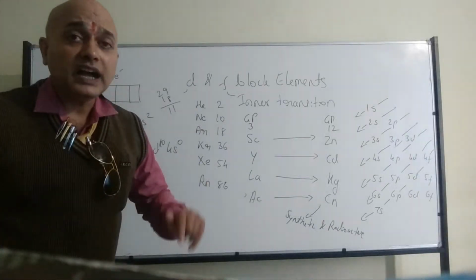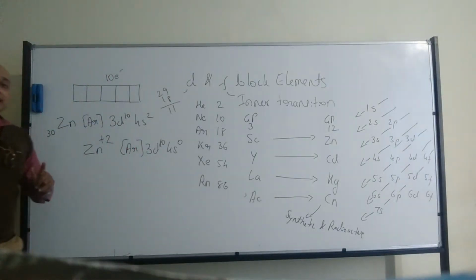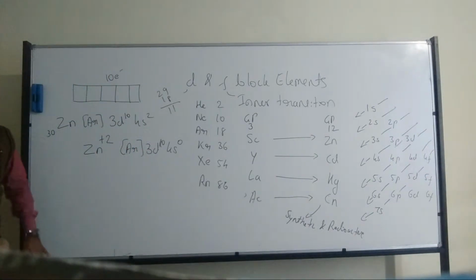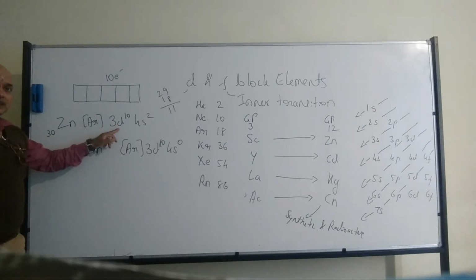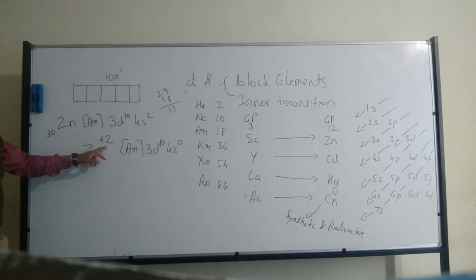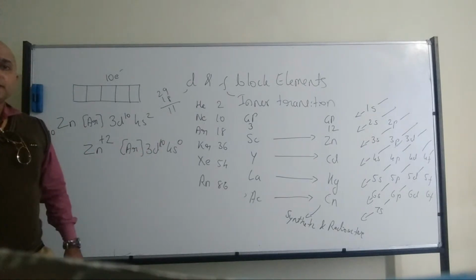In one of the ionic forms, that is the cupric form, Cu plus 2, there was an incompletely filled d subshell. But when it comes to zinc, as I told, there is no question of zinc plus 1 or plus 3, only plus 2. And in the zinc ion, zinc plus 2, we have the completely filled d subshell.